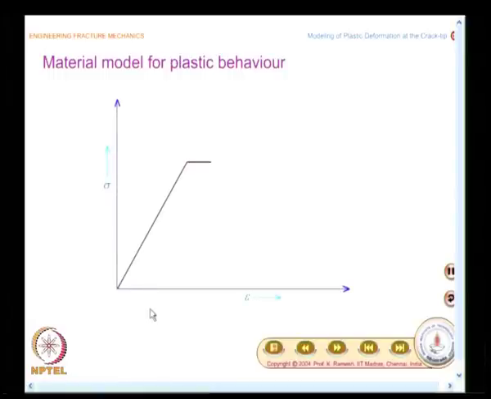and this is just to give a pictorial representation. What do we mean by elastic perfectly plastic? You do not consider any strain hardening of the material, because this is simple for us to do the calculation.